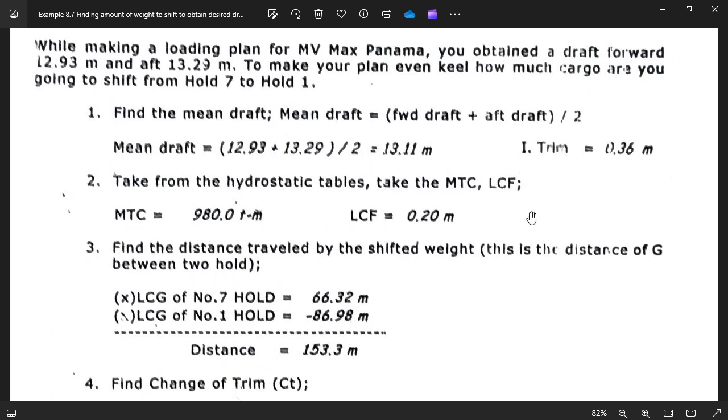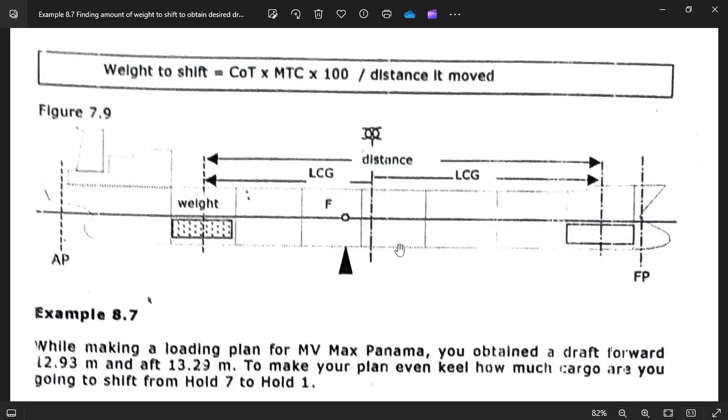Why negative? Because negative is only a distinction that hold number 1 is in the forward part of the vessel, or forward from amidship. This is positive on hold number 7 because it is aft of amidship, backward of amidship. That's why it is positive. This is only a distinction.